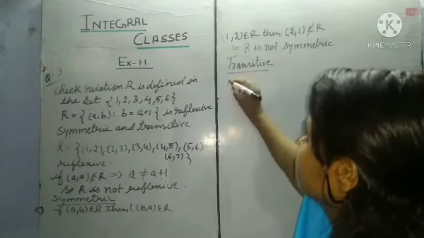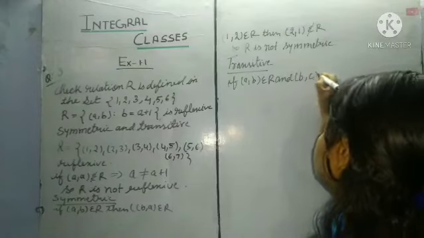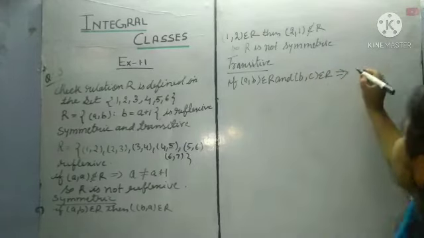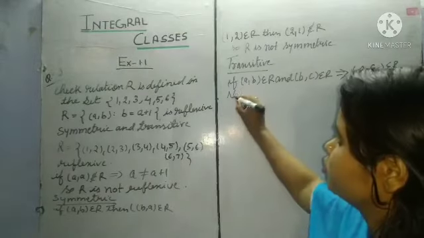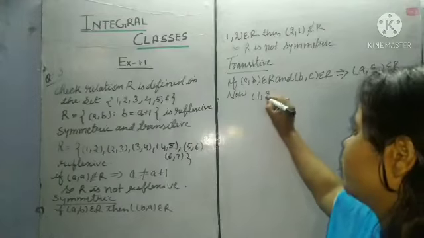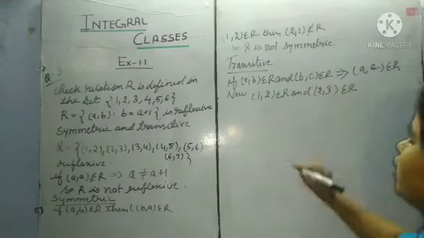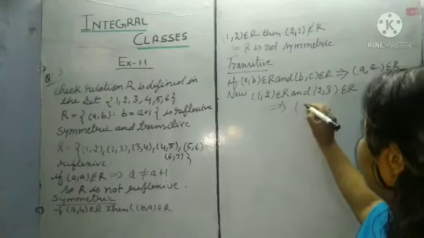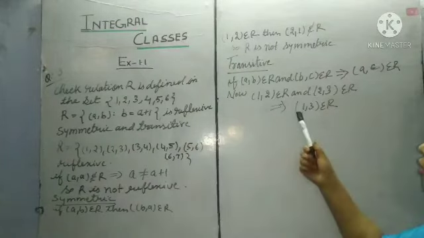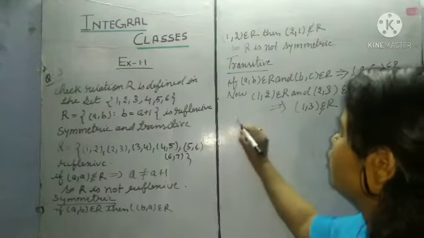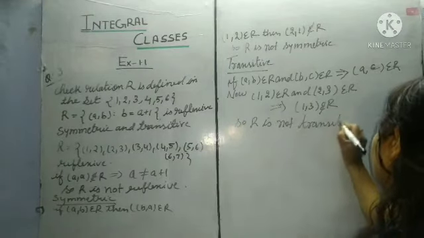So if (A, B) belongs to R and (B, C) belongs to R, then it should be (A, C) belongs to R. Now we consider (1, 2) belongs to R and (2, 3) belongs to R. So it should be (1, 3) belongs to R. But in our relation, as we observe, the pair (1, 3) does not exist. So R is not transitive.